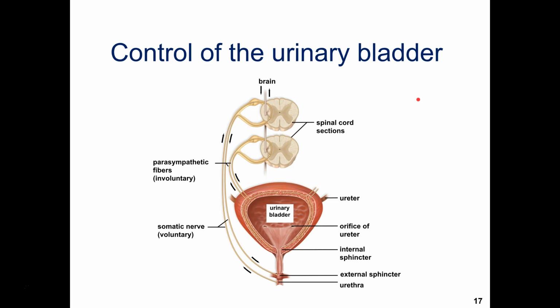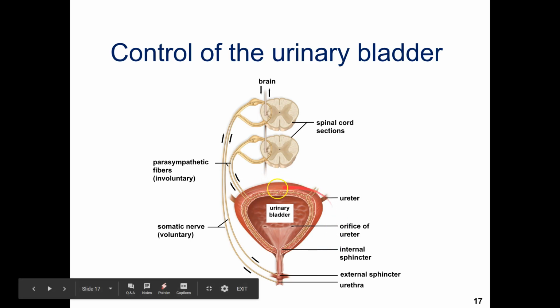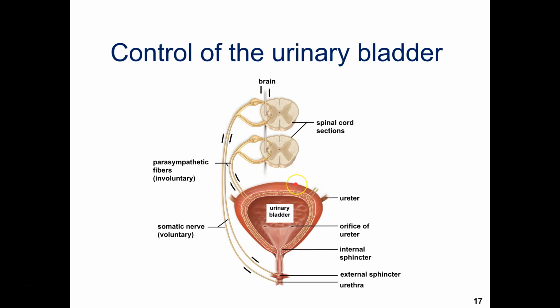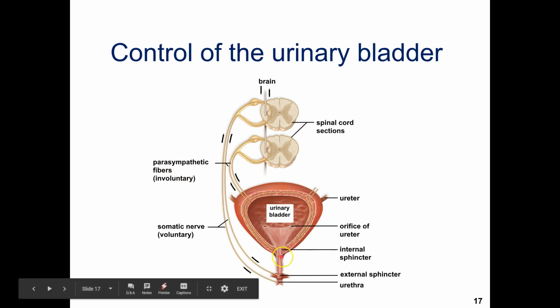So ultimately, after the process of urine production, after your blood has been filtered out, it goes and is stored in the urinary bladder. And the thing I just wanted to point out here is that you have voluntary and involuntary control of the urinary bladder, and it's connected up to 2 different sections of your central nervous system. The parasympathetic fibers control the involuntary portion, and this internal sphincter here.